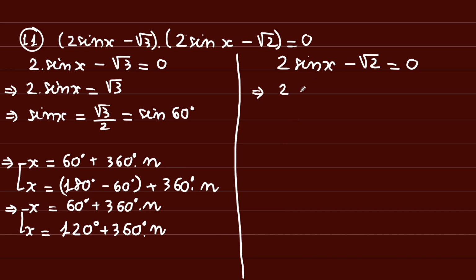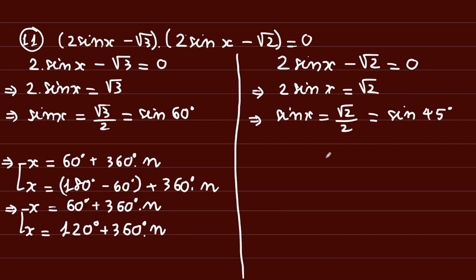And how about the second one? You got 2 sine h equal to square root of 2. For the square root of 2, the left hand side is minus and the right hand side is plus square root of 2. So making sine h the subject, you got square root of 2 divided by 2, which corresponds to the angle 45 degrees. Then you got two general solutions.